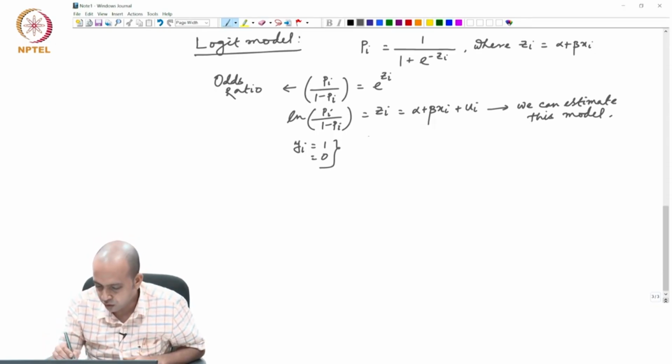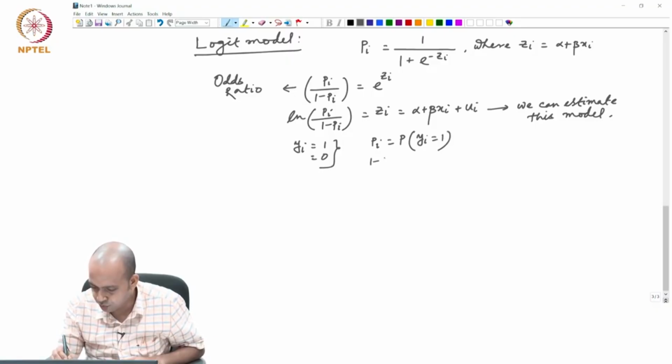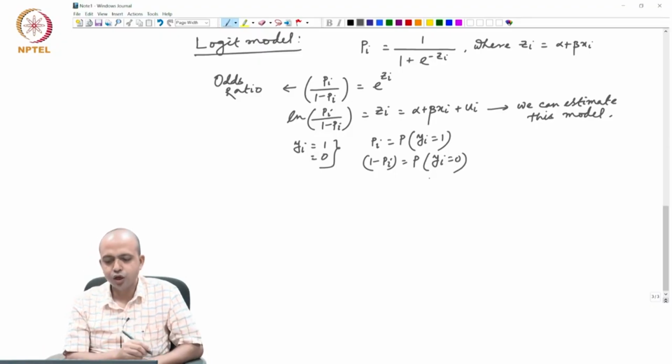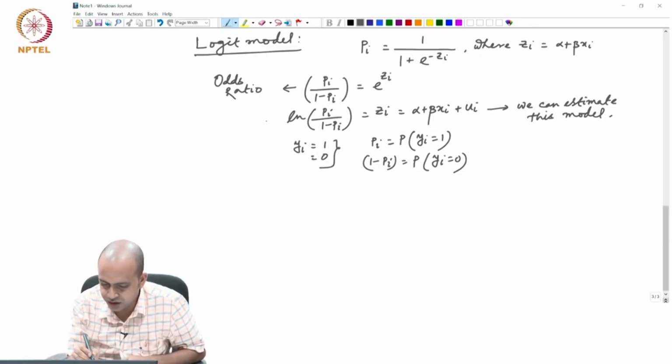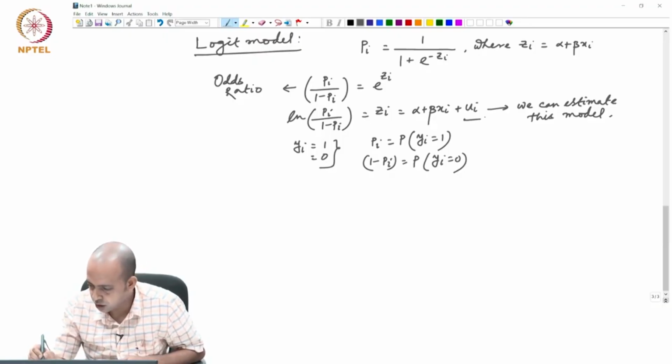That means pi is the probability yi equals 1, and 1 minus pi is the probability yi equals 0. Let us say this is model 6.